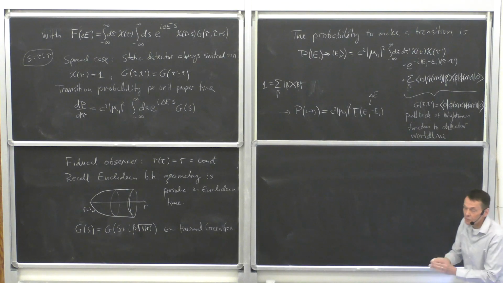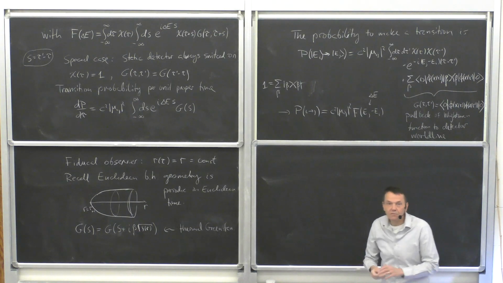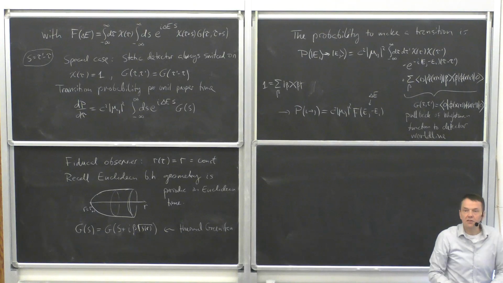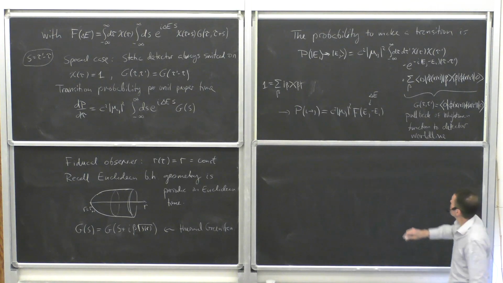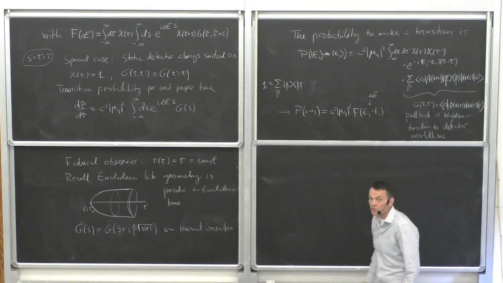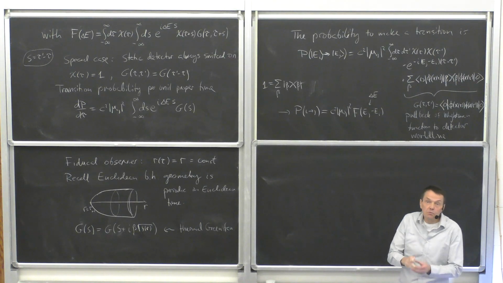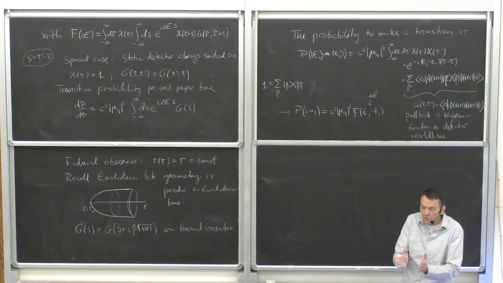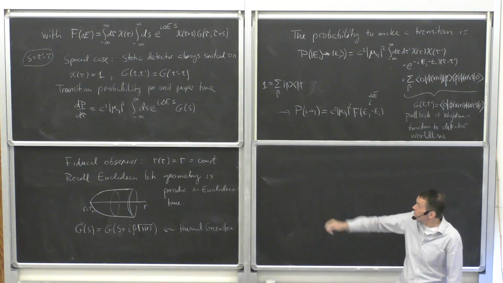So you're assuming that there is a meaning to your thermometer here, your Unruh-DeWitt detector. If you switch it on for a little while, you would expect to see transitions even though the thing is not on forever.